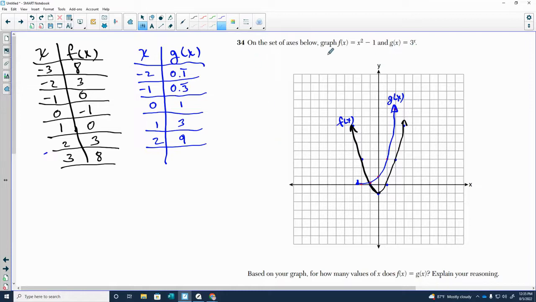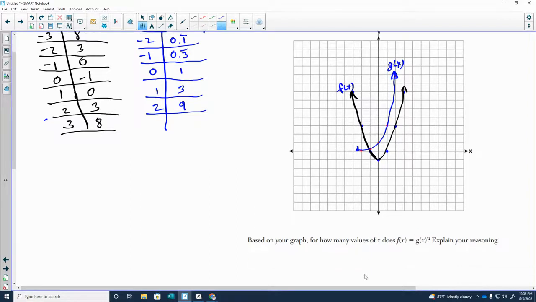We got the first part of this done. It said graph it. We did graph it, but there's a question down here. Based on our graph, how many values of x does f of x equal g of x? Well, whenever you see a question in algebra where they're asking you for f of x being equal to g of x, that's just a really fancy way of saying a point of intersection.